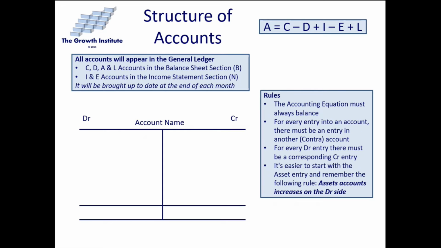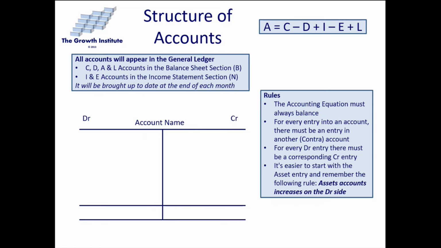Capital accounts, drawing accounts, asset accounts, and liability accounts will appear in the balance sheet section, while all our income and expense accounts will appear in the income statement section of our general ledger. And it will be brought up to date at the end of each month.